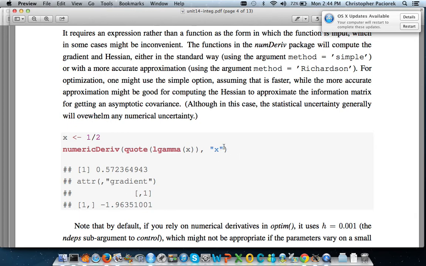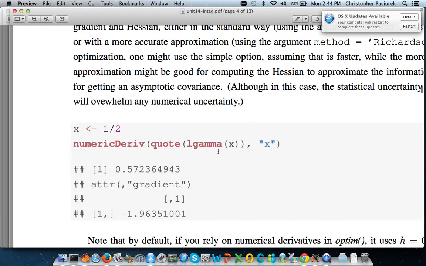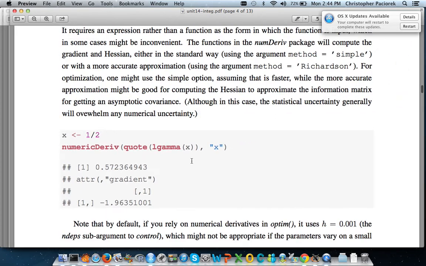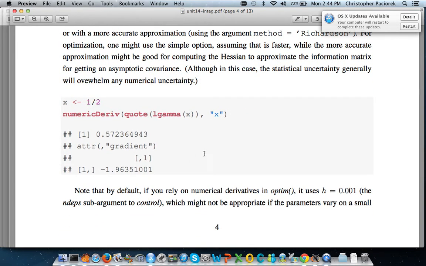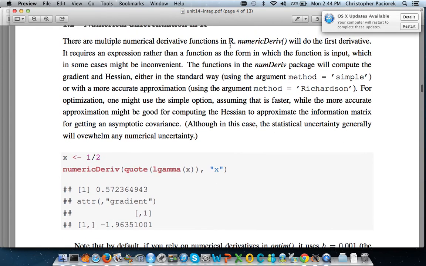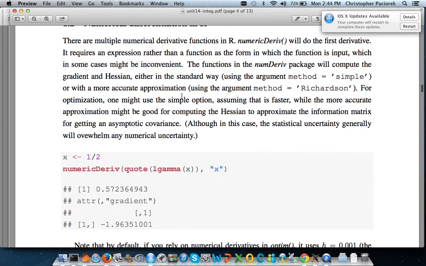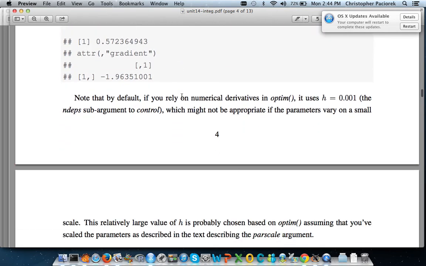Then you can say, differentiate with respect to x, and it will go ahead and give you an estimate of the derivative of interest. This is going on behind the scenes if you call optim without providing a derivative function. It has to do numerical derivatives, and I don't know exactly if it's calling this numericDeriv function or a different implementation, but it's calling something like that.